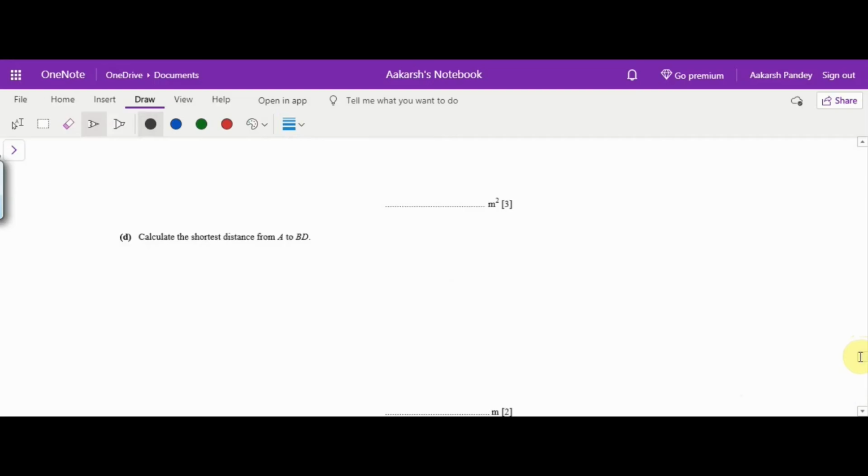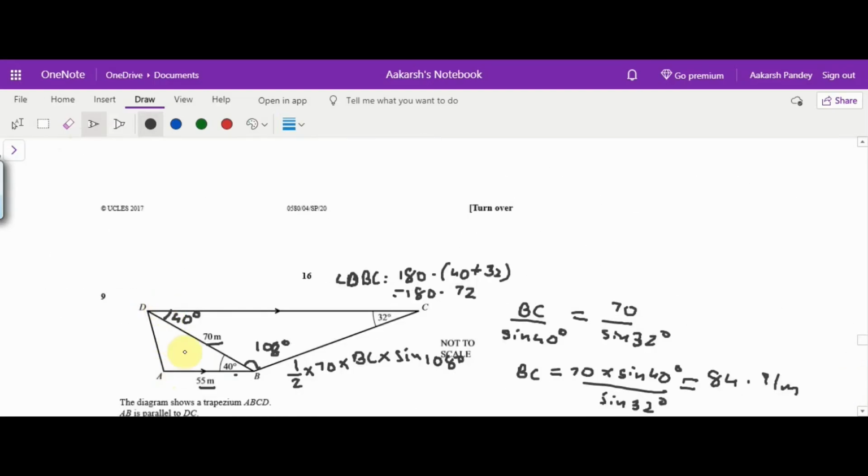Now we need to calculate the shortest distance from A to BD. Because this is shortest distance, one thing for fact which I know is, suppose this is the shortest distance. I'll just make the line a little bit better.